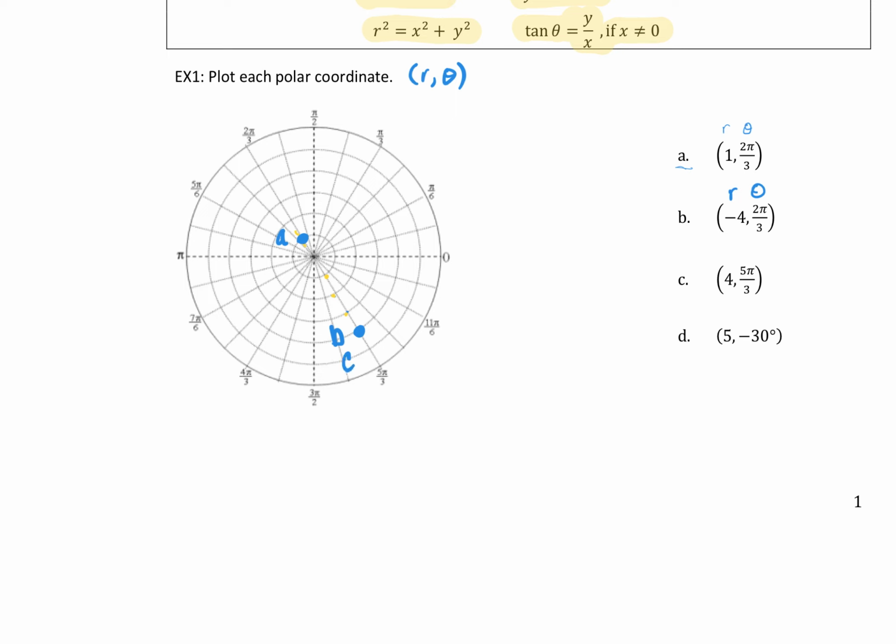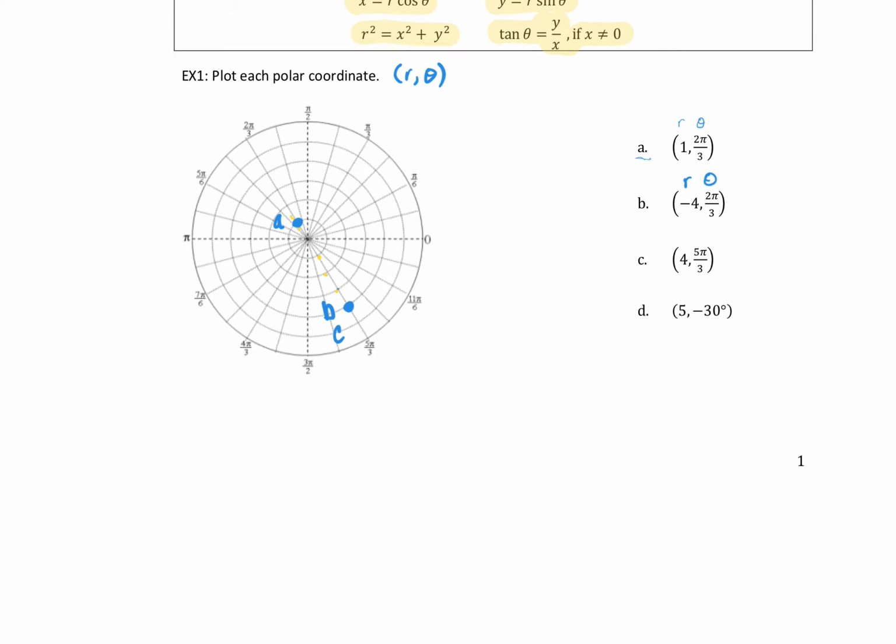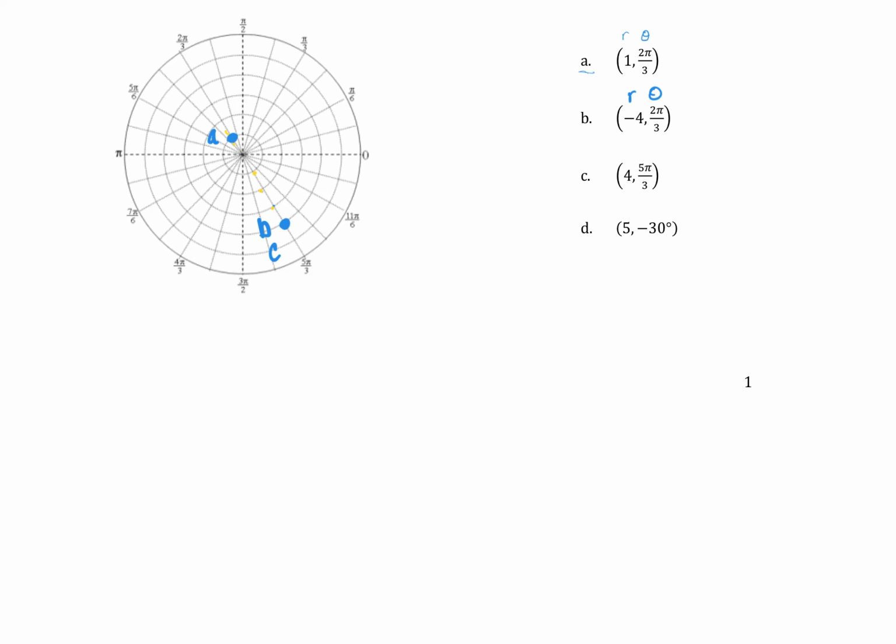And then we can also use degrees instead of radians. In part D, it's the point 5 comma negative 30 degrees. So 5 is our r. I have to figure out where negative 30 degrees is. Well, 30 degrees is pi over 6. So I'm looking at a negative pi over 6. I'm going to go in the opposite direction.